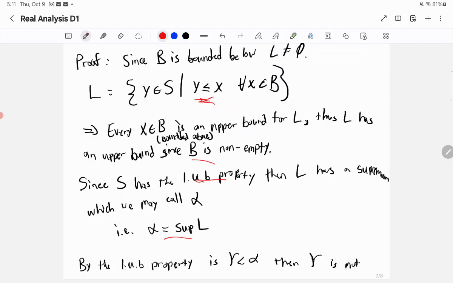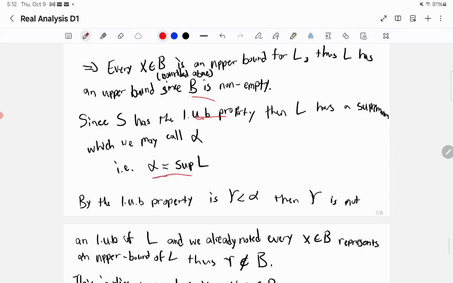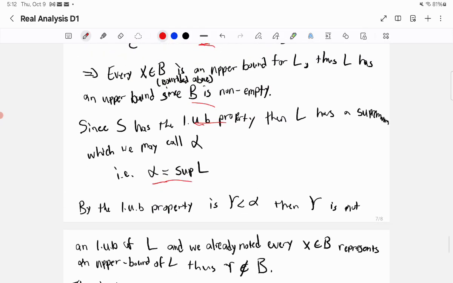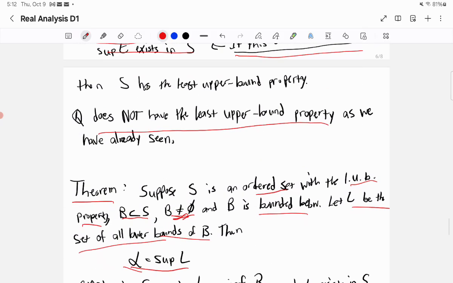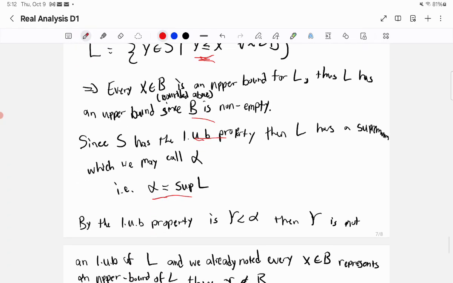So this was pretty trivial up to this point. Very simple reasoning, just going off of the definitions directly leads us to the fact that alpha is equal to the supremum of L, right? It is the least upper bound of L. That part of the theorem is quite trivial to prove, right? Based on all of the definitions, it led us to here.